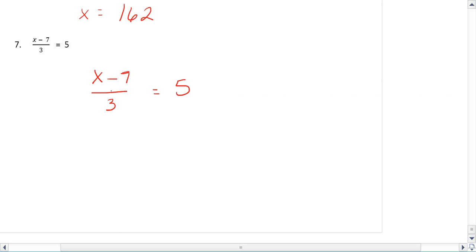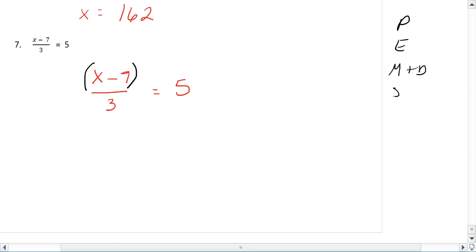When you have a numerator, you can't break it apart by adding 7 to both sides. This is a numerator. I'd like you to add parentheses here, because that helps us.